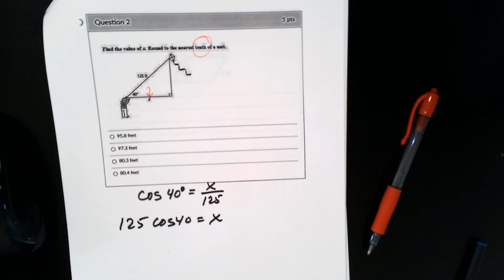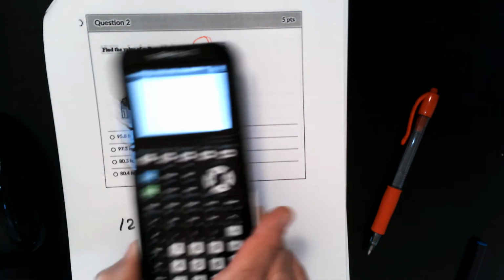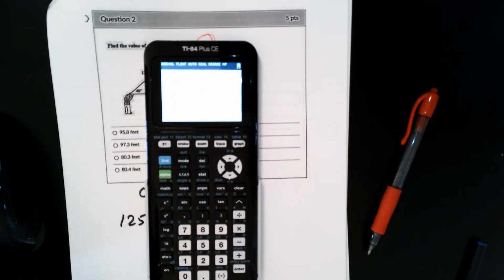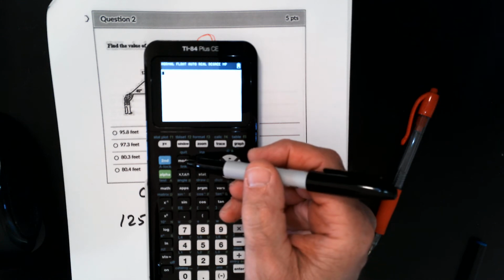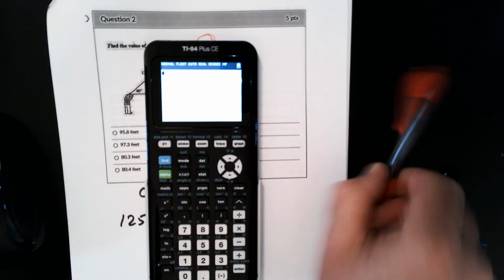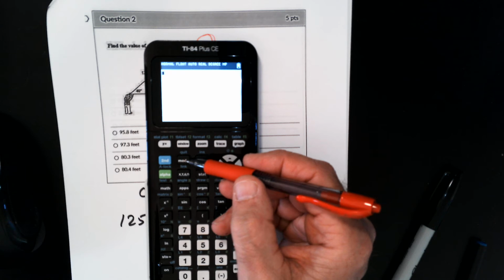Let me get my calculator. And I hope y'all will remember, what do you have to adjust in your calculator before you do any trig? You have to go to mode. Let me show it here one more time. Here's the mode key right there.